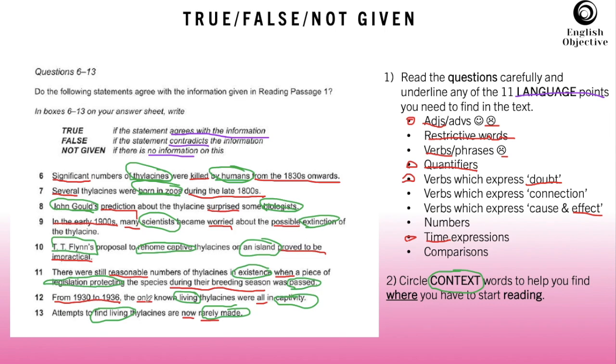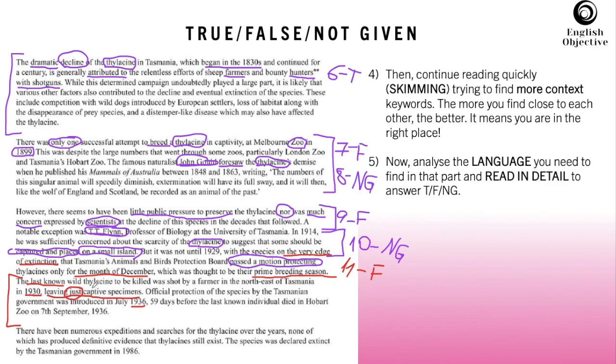So I have my restriction, I have my time expression, we're all in captivity. I have my keywords, captive, captivity, known. So all of them were in captivity, and then the last known individual died in the zoo. So that proves that was in captivity. So 12 is true.